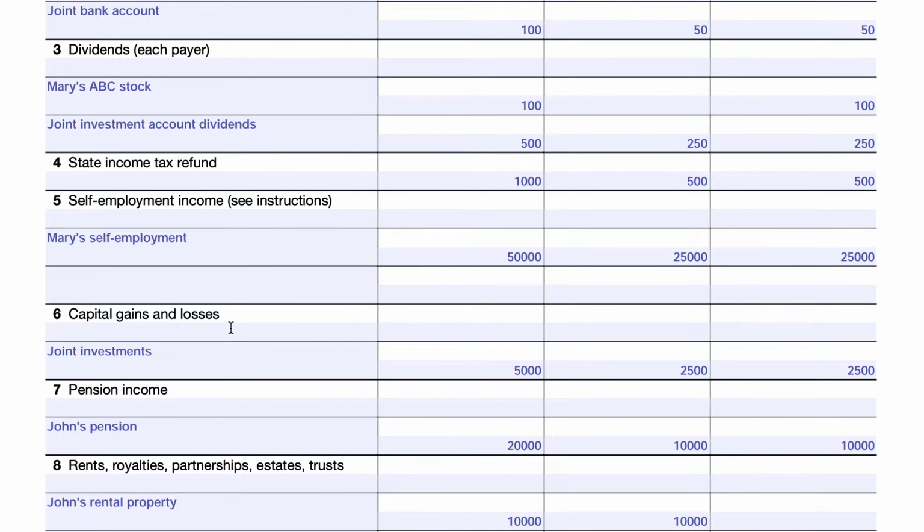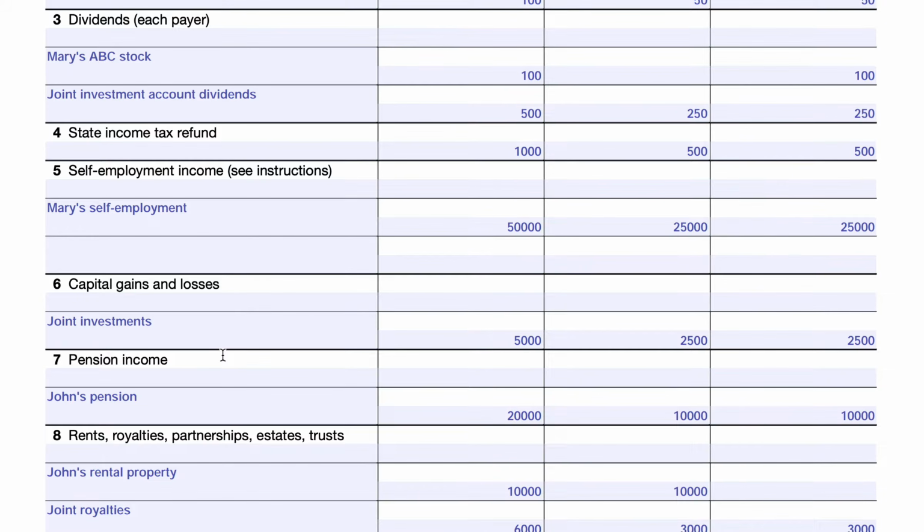Pension income. John's pension. So pension income can be treated as community property and it can be treated as separate property. And it really depends on how much time they spend as a married couple, the state that they live in, how long they were together for the period of time that John was earning his pension.